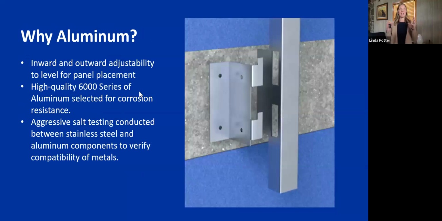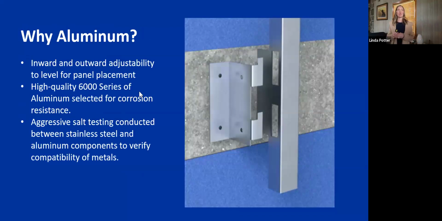So then we have these stainless steel components on the market, and now we're putting aluminum with them. That connection to the backing is stainless steel, which is your thermal transfer part. And then we're putting this piece of aluminum into it that's connecting the cladding to the substructure. Why aluminum?